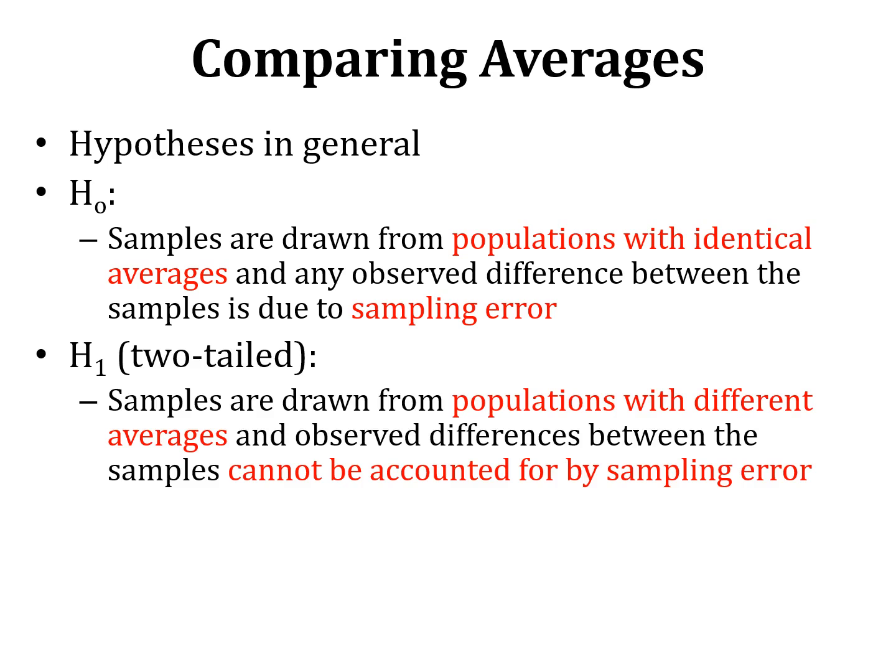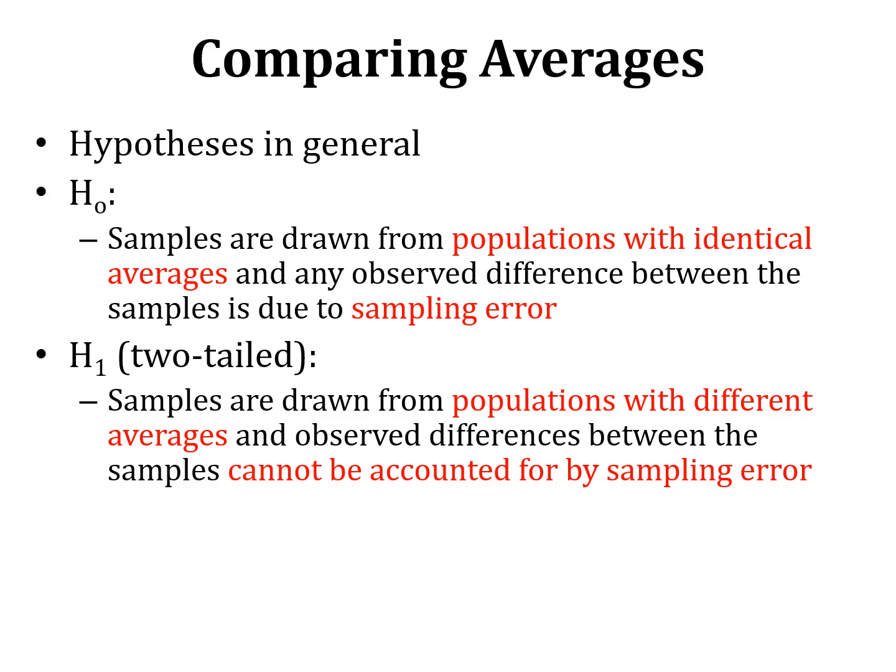Then the two-tailed alternate hypothesis is that samples are taken from populations with different averages, and observed differences between the samples cannot be accounted for by sampling error. In this alternate hypothesis, we are assuming the two populations have different mean values. We are not nominating any specific population to have the greater mean.